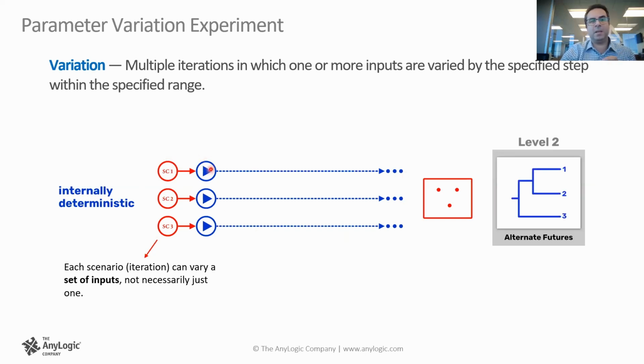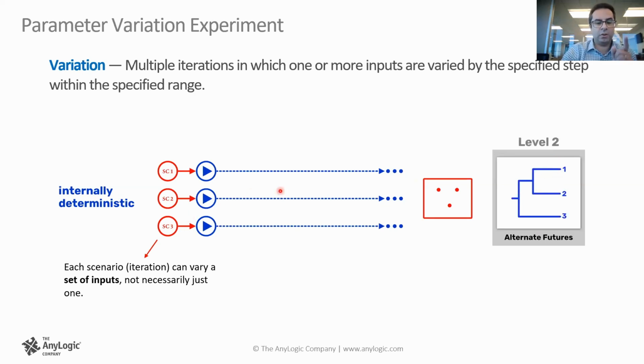So if I have a simulation and I change its input, each of those becomes one iteration because we are iterating over different alternatives. So in a deterministic scenario, we put our scenarios into each run. We run it, and each one of them probably results in a different value. And now we have access to all of these alternate futures.